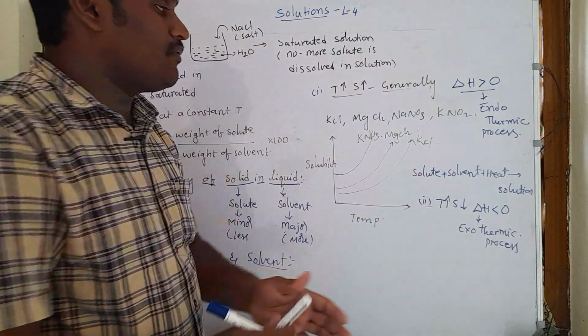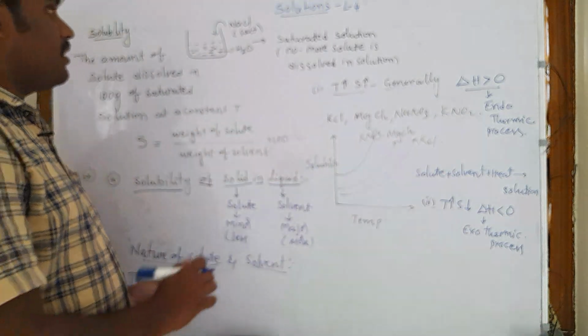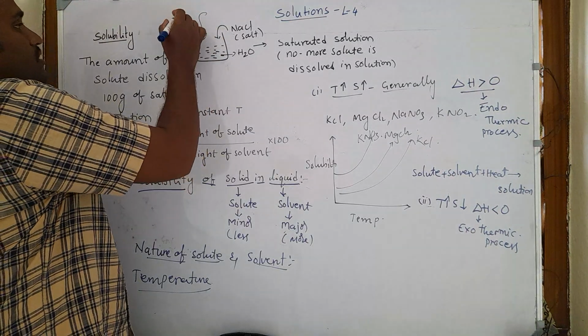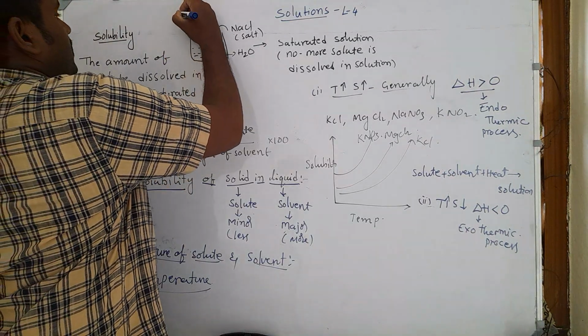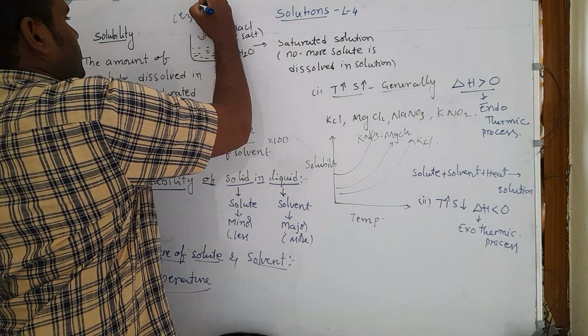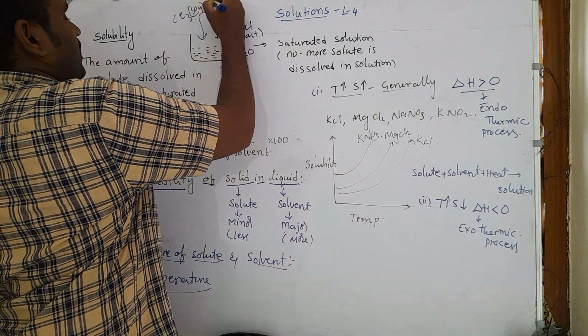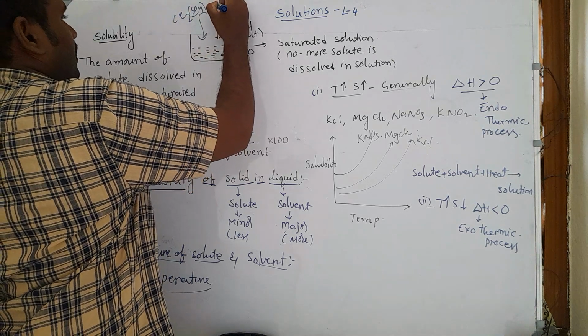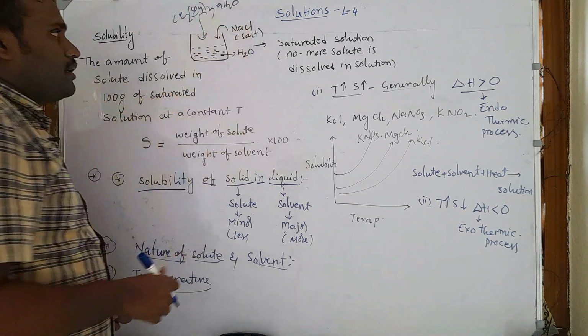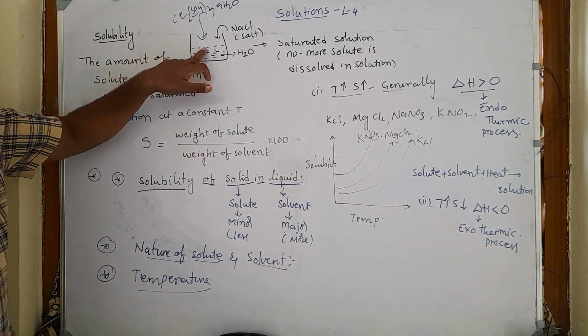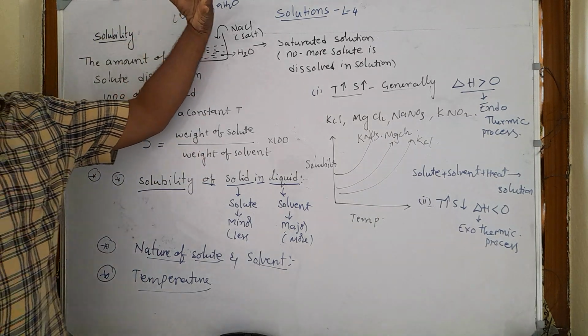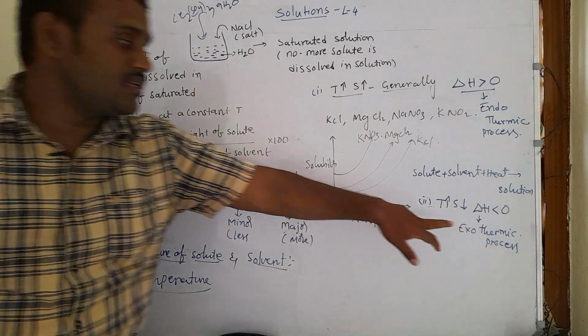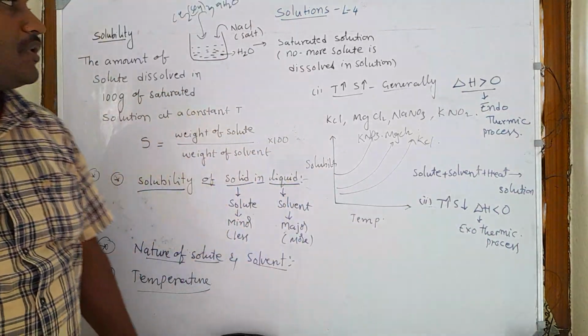Exothermic process means that when you dissolve the solute in the solution, for example cerium sulfate, Ce2(SO4)3 9H2O, and you add it to the water, the temperature of the water increases. That's because it is an exothermic process.